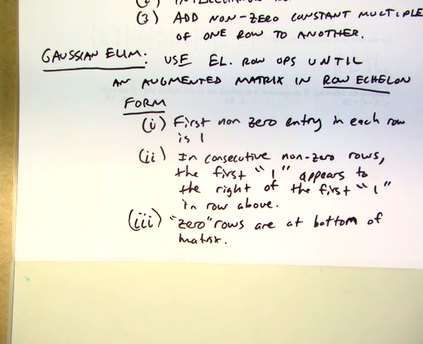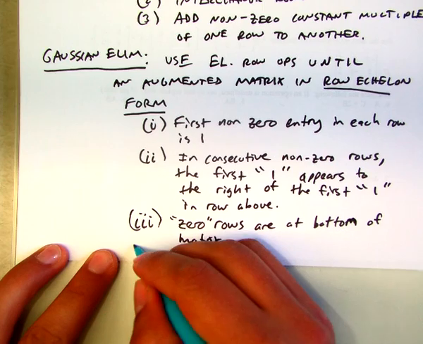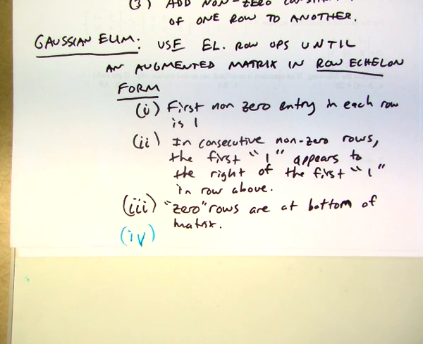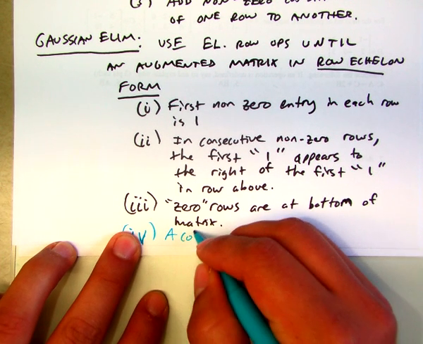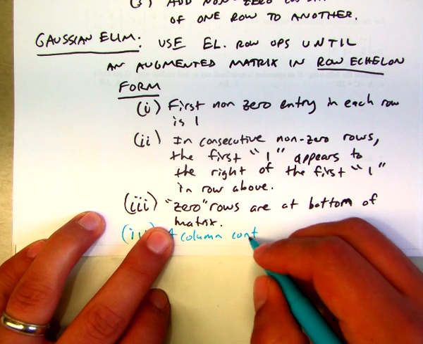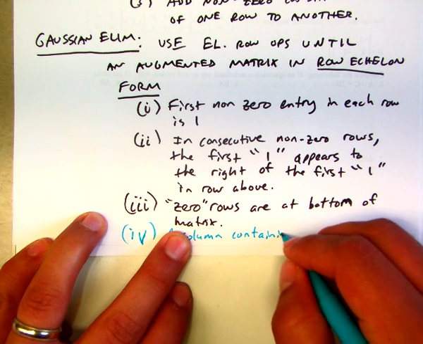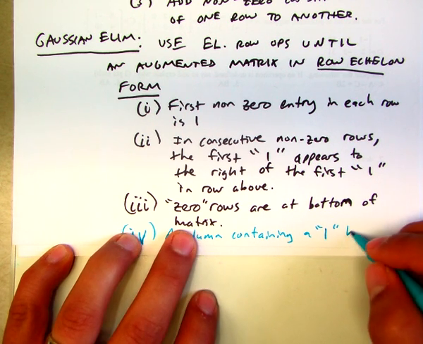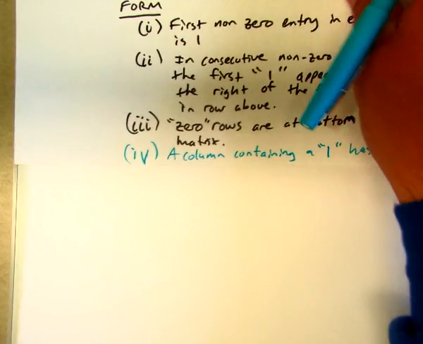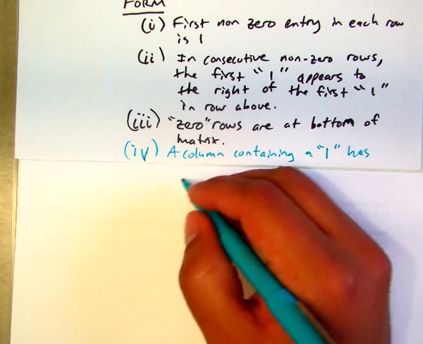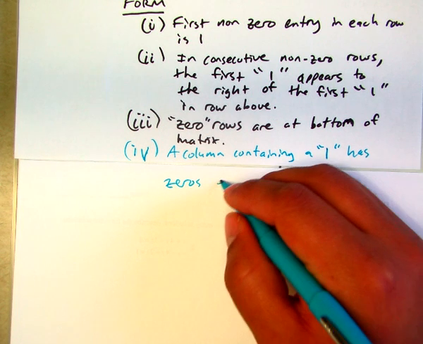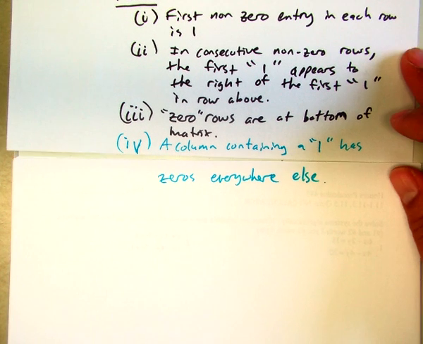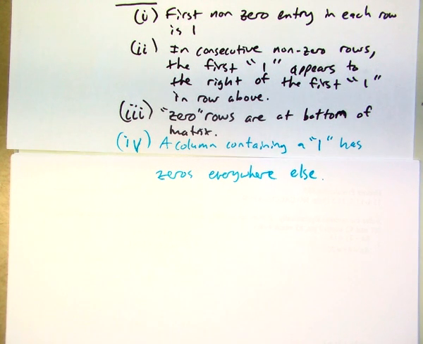Now, if we add a fourth condition, that a column containing a 1 has zeros everywhere else, then now we've introduced Gauss-Jordan elimination.